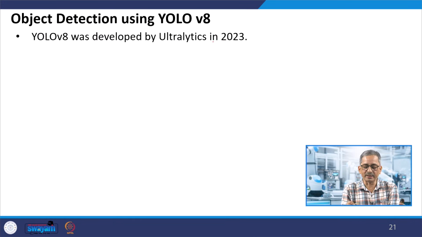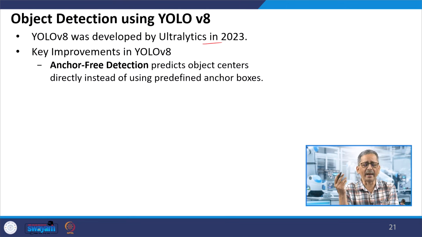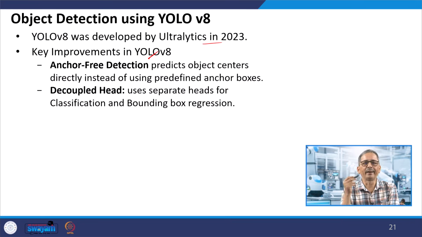So, version 8 was developed by Ultralytics in 2023. What are the key improvements in YOLO version 8? Anchor-free detection is there in this one. Decoupled heads are there, which means classification and bounding box regression can be done independently.